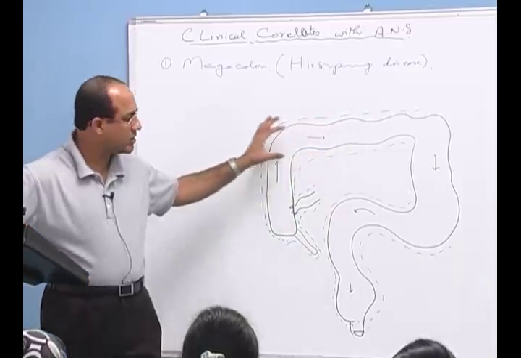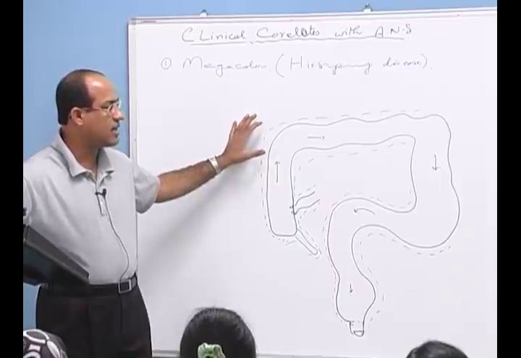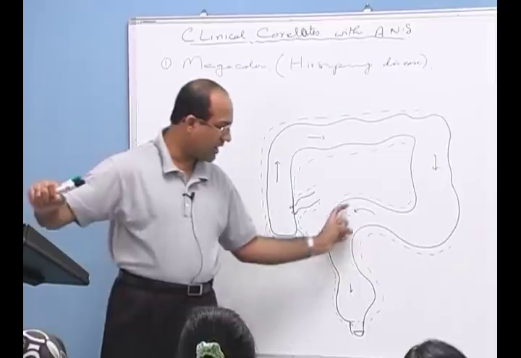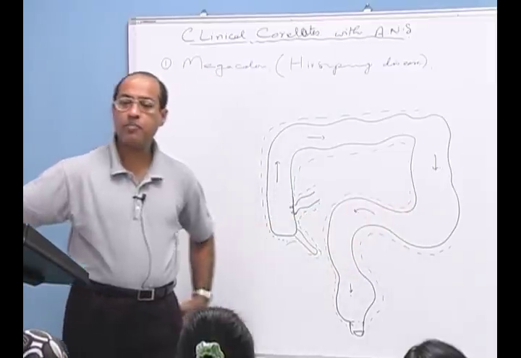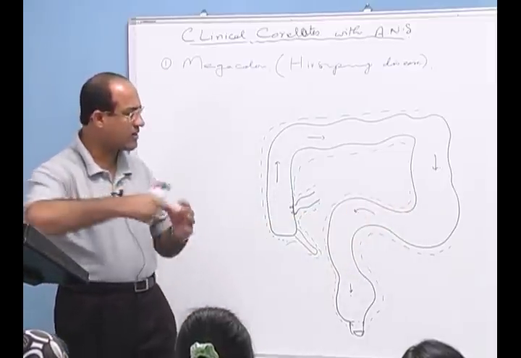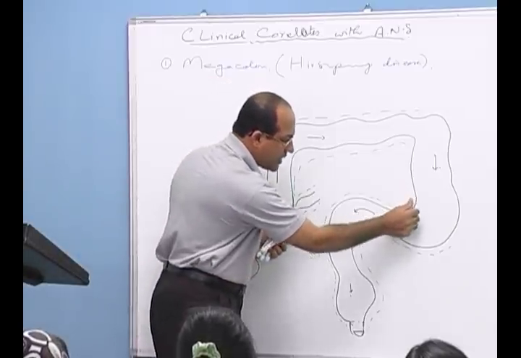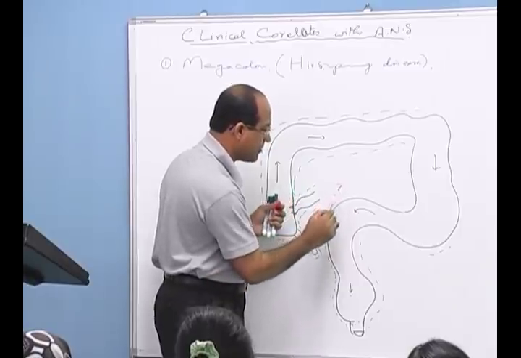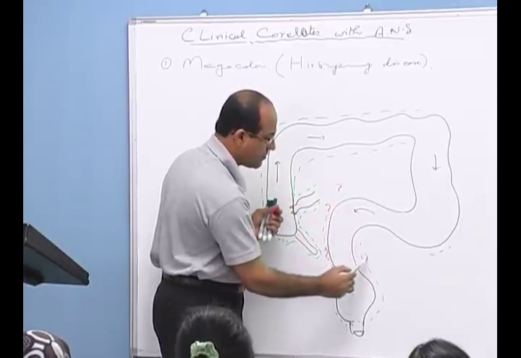In some unfortunate babies, the migration of neural crest cells, especially in the last part of the GIT, is impaired. Due to that reason, the last part of the GIT may develop some segments which are aganglionic. Ganglia are missing there.